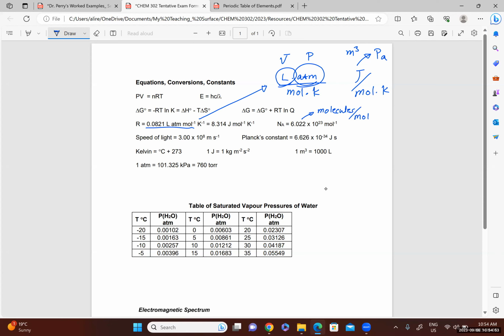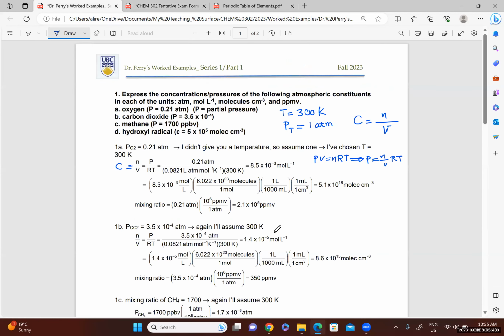For example, in this case, we've got gaseous oxygen. So every mole of gaseous oxygen contains this number of molecules, every mole, okay? So we can use that now. It's a conversion factor per 1 mole. So in 1 mole of oxygen, we've got this number of molecules.